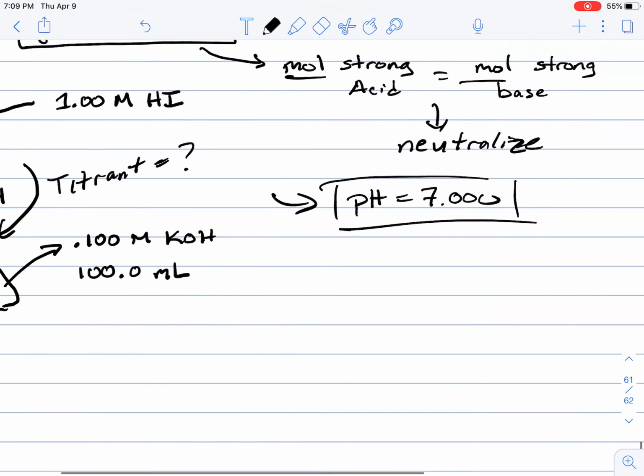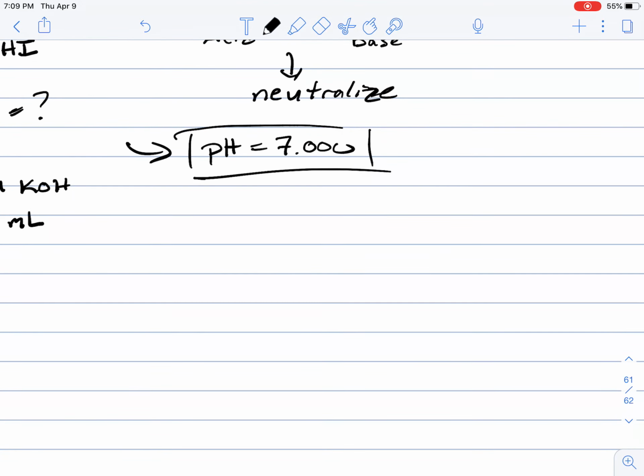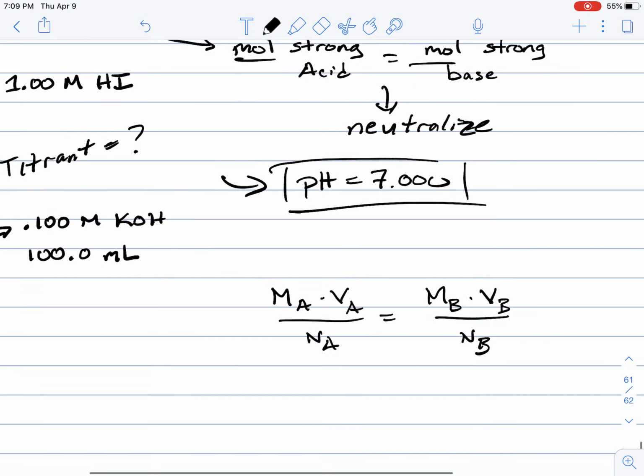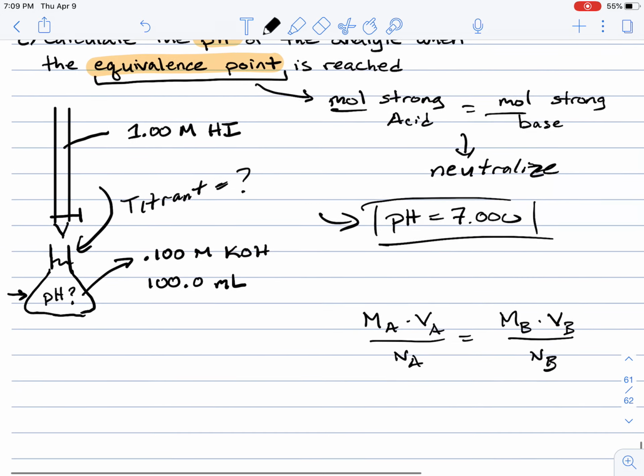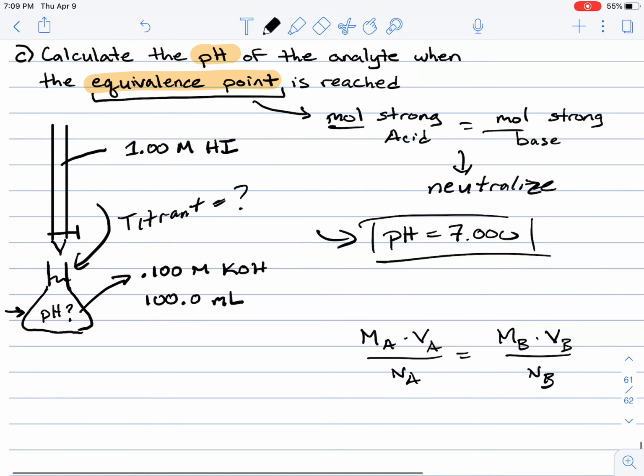And so to figure that out, we need to use our modified dilution equation. Okay. So MA times VA over NA equals MB, VB, NB. And so which variable are we going to solve for in this equation?